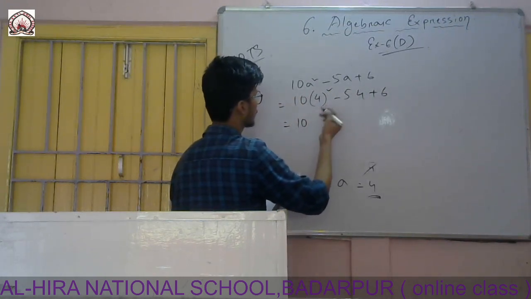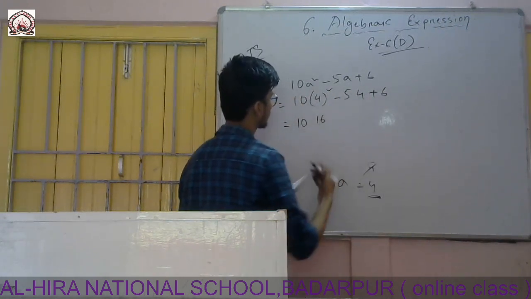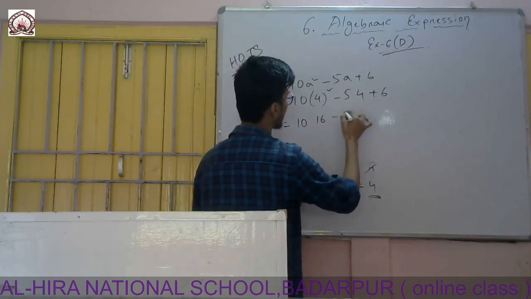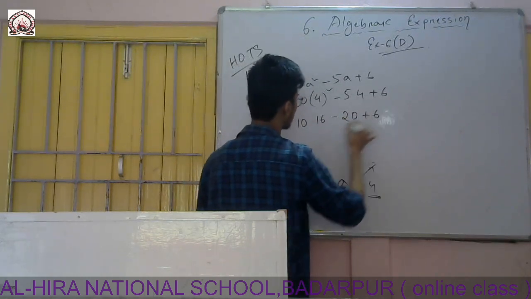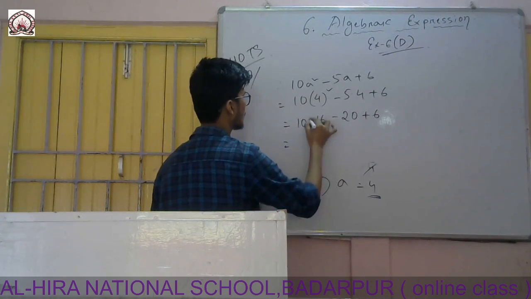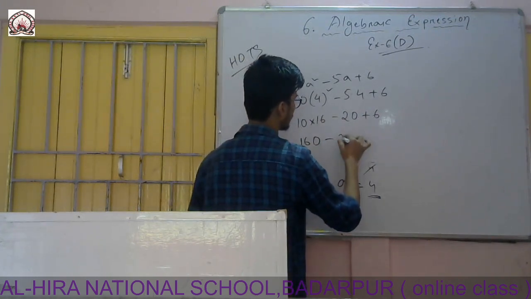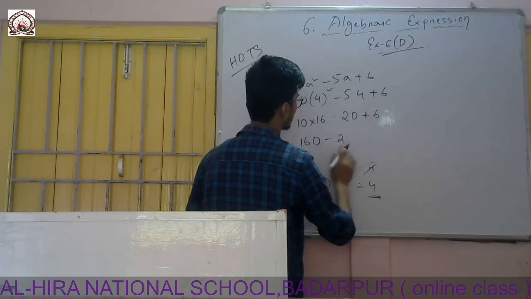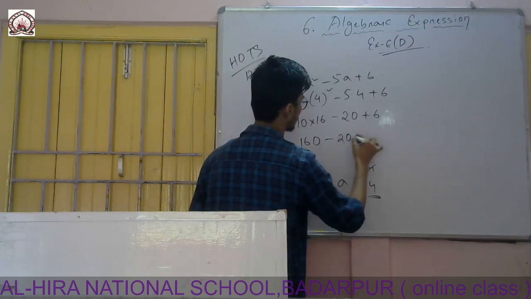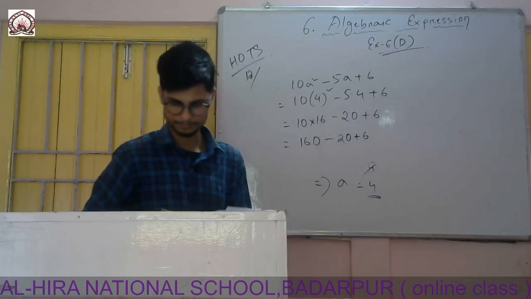So 10, 4 square is 16 and minus 5 4s are 20 plus 6. So 16 into 10, 16 10s are 160 minus 20 plus 6 you write.